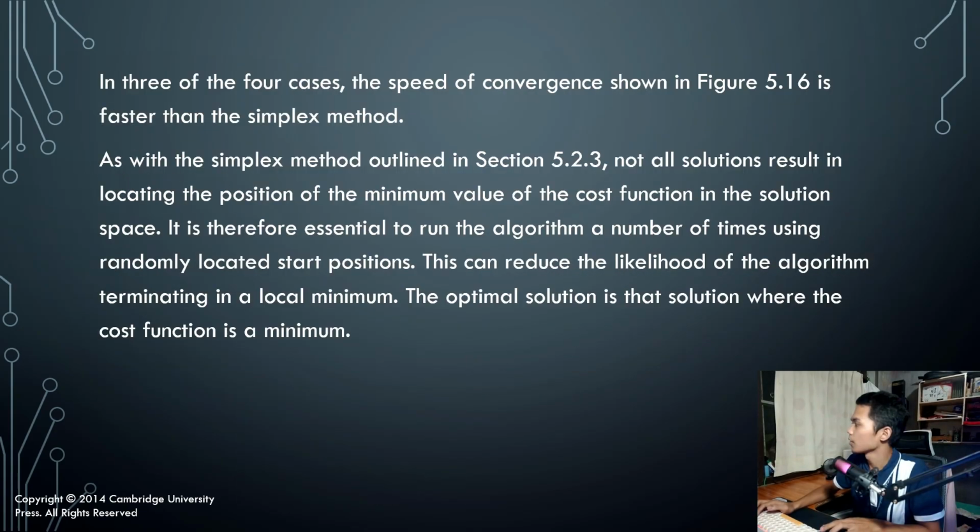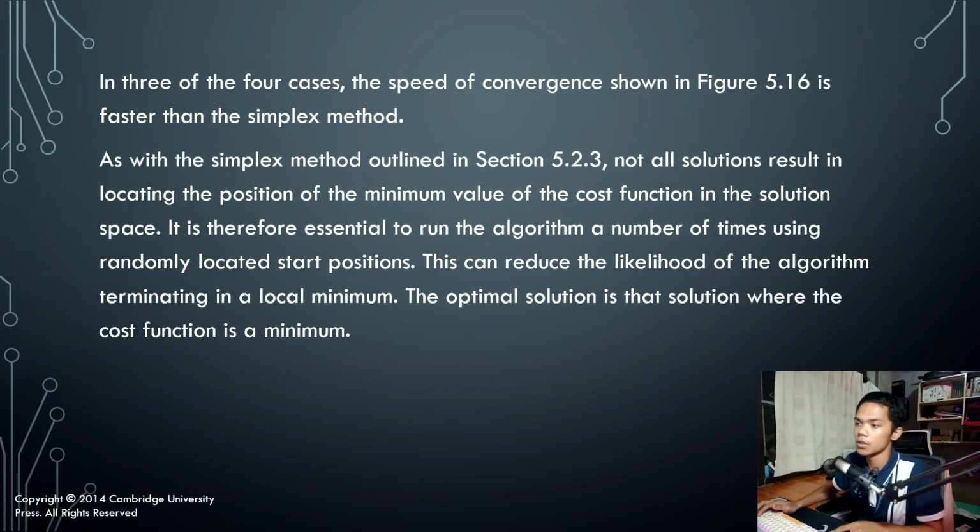Okay. In 3 of the 4 cases, the speed of convergence shown in figure 5.16 is faster than the simplex method. As with the simplex method outlined in section 5.2.3, which basically talked about the simplex optimization method, not all solutions result in locating the position of the minimum value of the cost function C in the solution space.